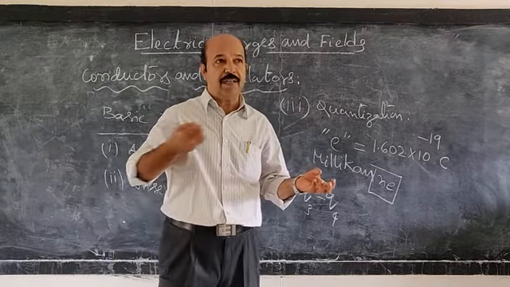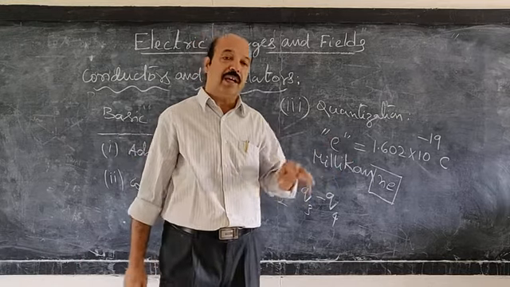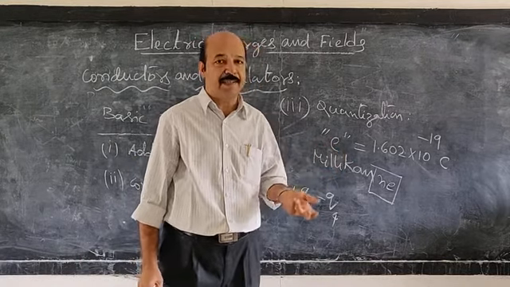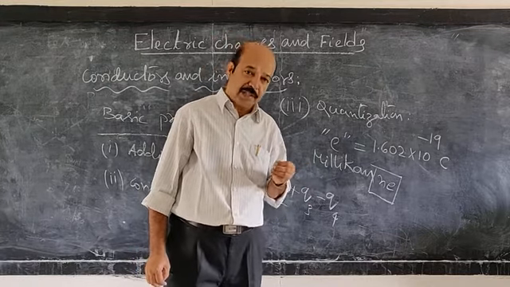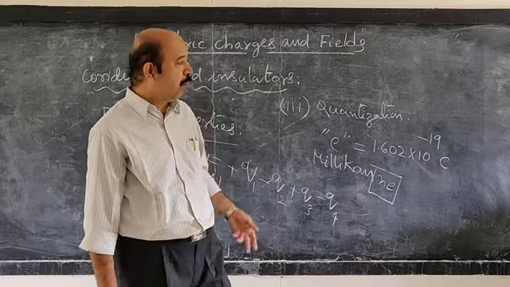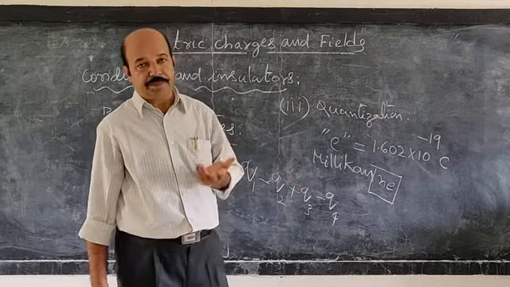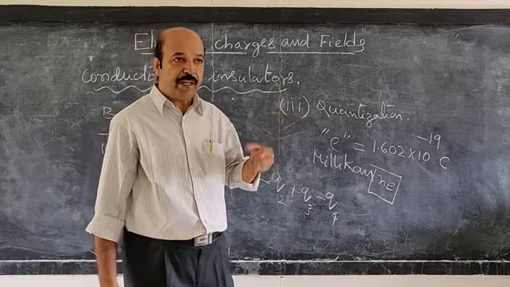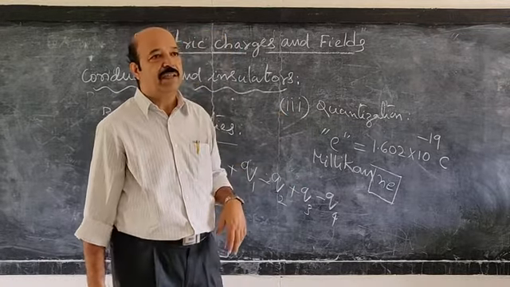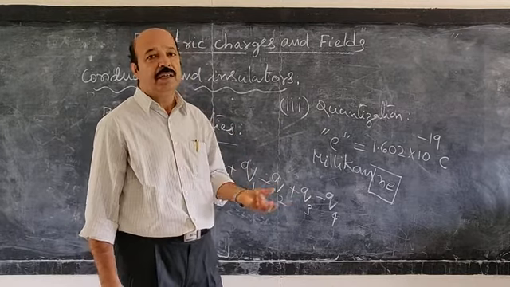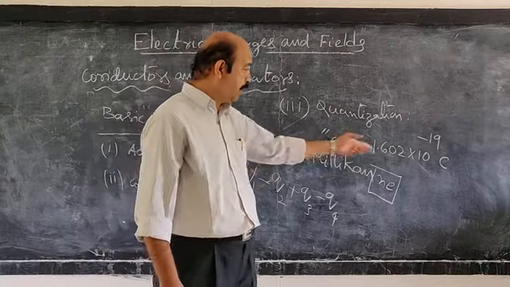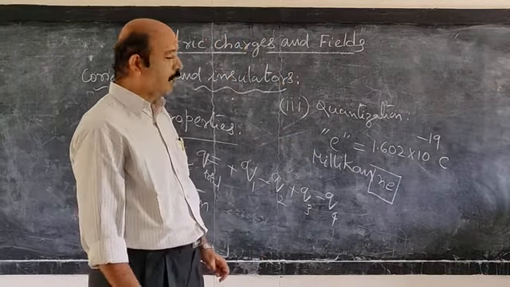When you remove some electrons from a body, it will acquire equivalent positive charge, but its mass slightly decreases, because an electron has very little, but some mass. Therefore, the body which lost electrons will lose a little mass. The one which gains electrons gets negatively charged, and its mass slightly increases. So this is about quantization of charges.